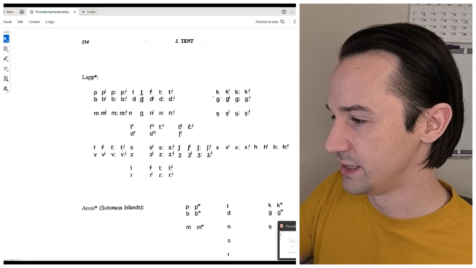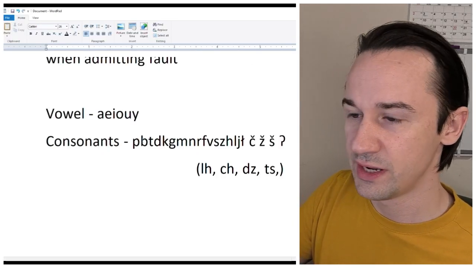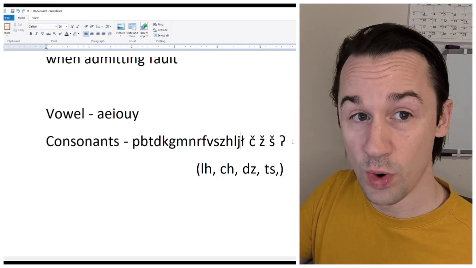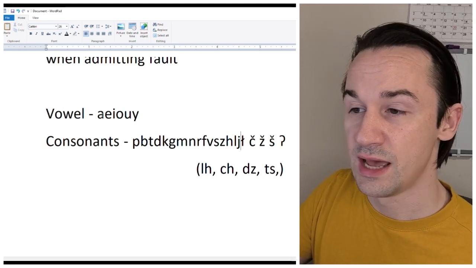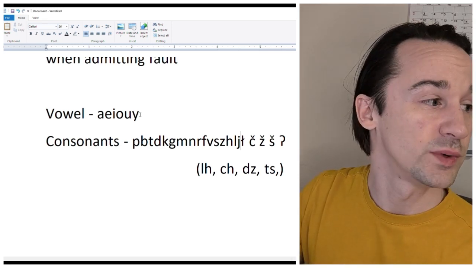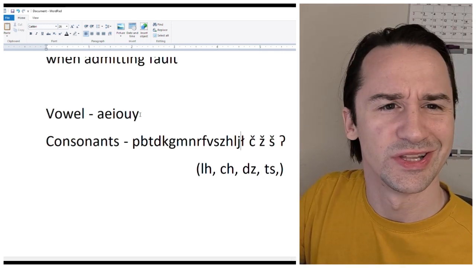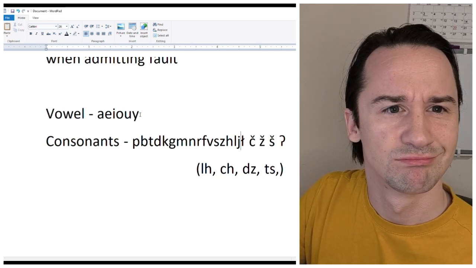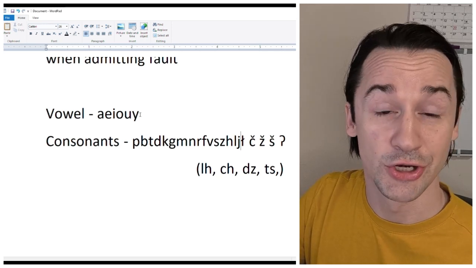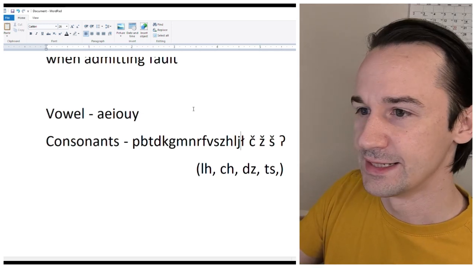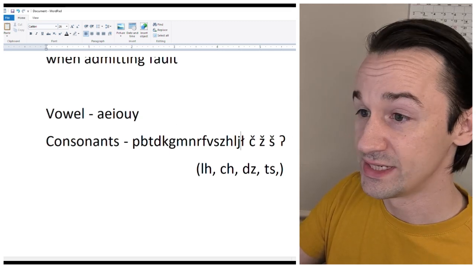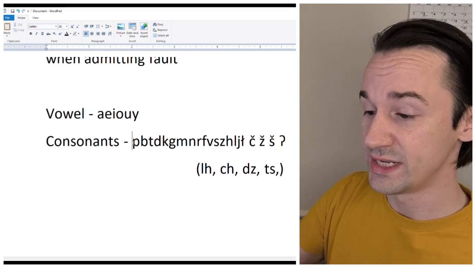So we come back to our master inventory, and we have a total of 21 sounds times 6, which is, hey Google, what's 21 times 6? I could have done this. 21 times 6 is 126. I could have done that math. So 126.